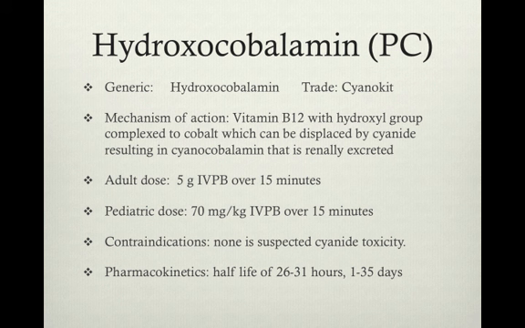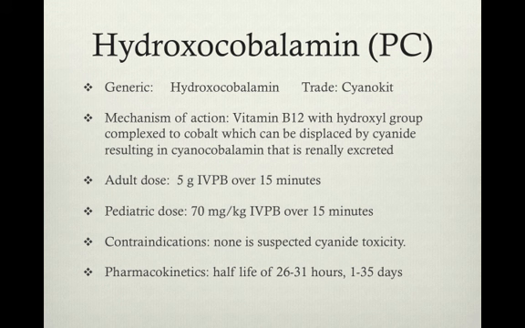So this binds to the cyanide and allows for its elimination without its toxic side effects. In the adult dose, 5 grams IV piggyback over 15 minutes. Now this is a drip. Pediatric dose of 70 milligrams per kilogram IV piggyback over 15 minutes. Contraindications: none in suspected cyanide toxicity. Pharmacokinetics: half-life of 26 to 31 hours, and 1 to 35 days.